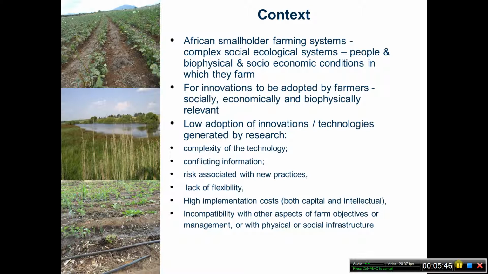The farmers maybe don't have the financial resources to see a certain technology through or to adopt a certain technology, or maybe then the labor required to use a certain technology is higher than the farmers can afford or access. And then a technology might simply be incompatible with other aspects of farm objectives or the way farmers manage and work. In some cases, a technology might simply not be culturally acceptable.